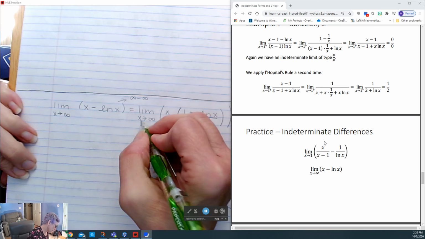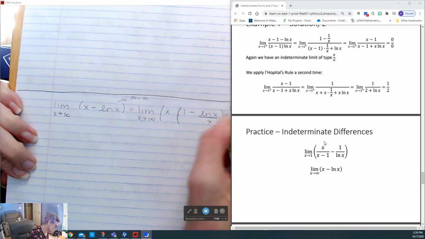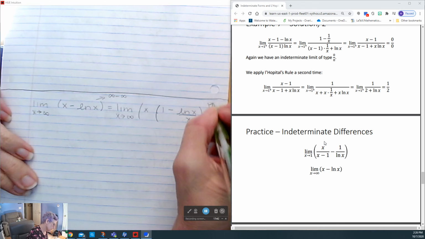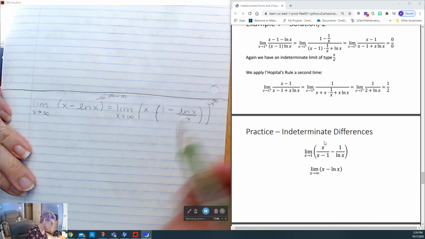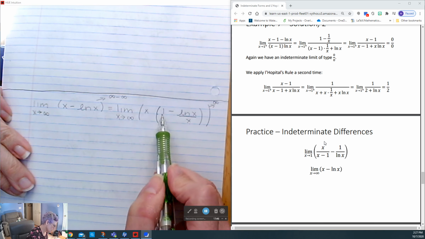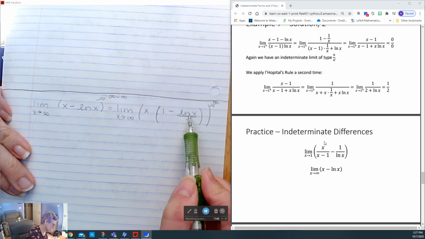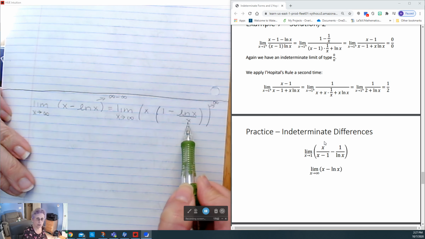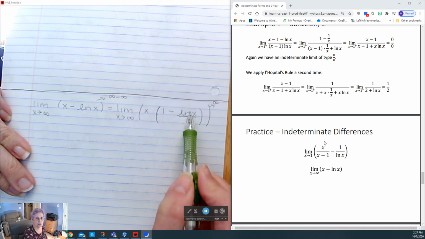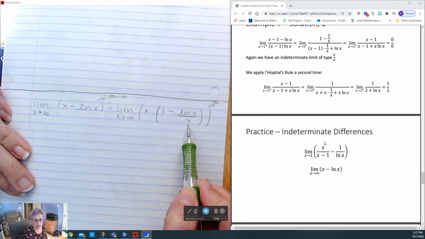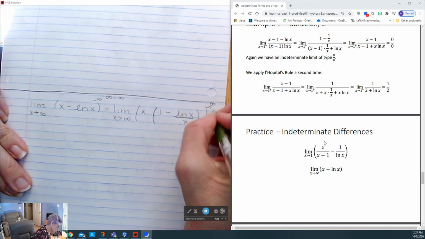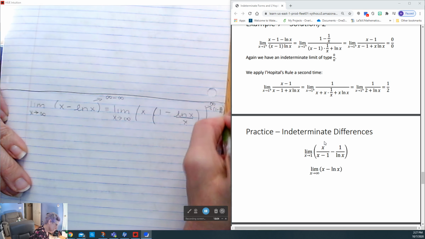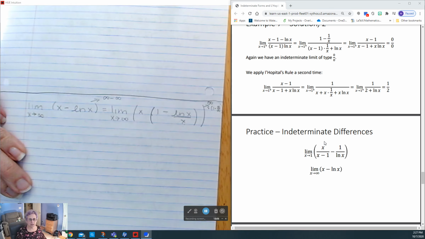It's still the exact same expression. But now I have the limit as x approaches infinity of infinity times 1 minus, well, this is natural log of x over x. That's 1 minus infinity over infinity. So infinity times 1 minus infinity over infinity.